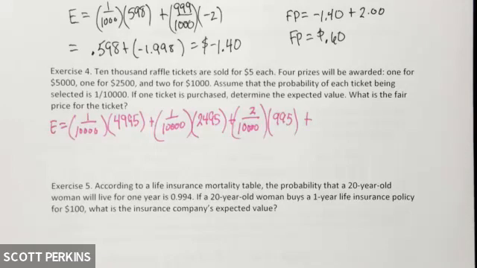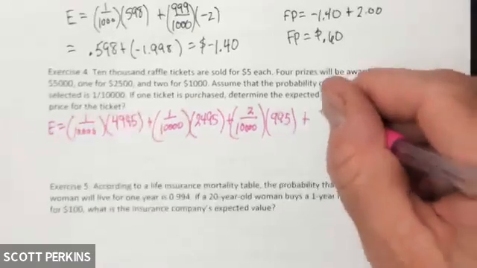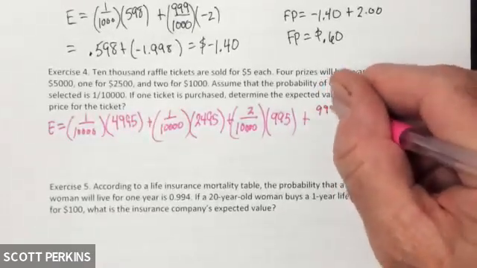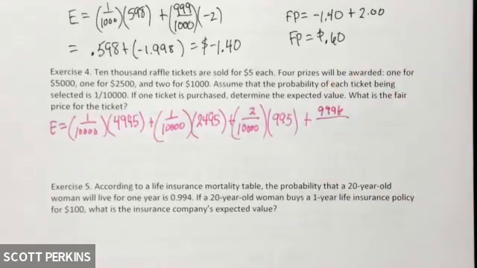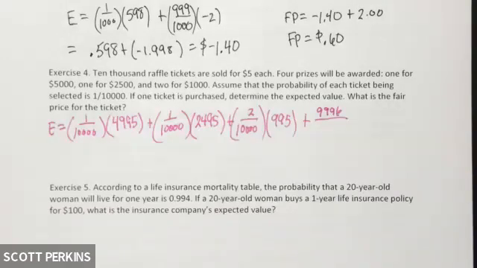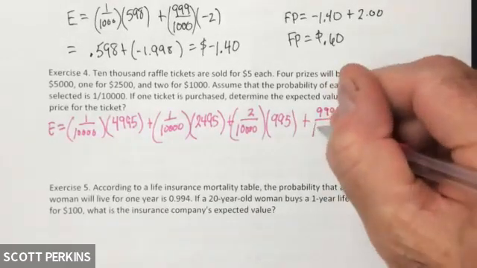Okay, what's the probability do you think that you lose here? Perfect, 9,996. Not 900, not 9,999, because there's 4 winners. That means the rest, the 9,996, are the losers there, okay?